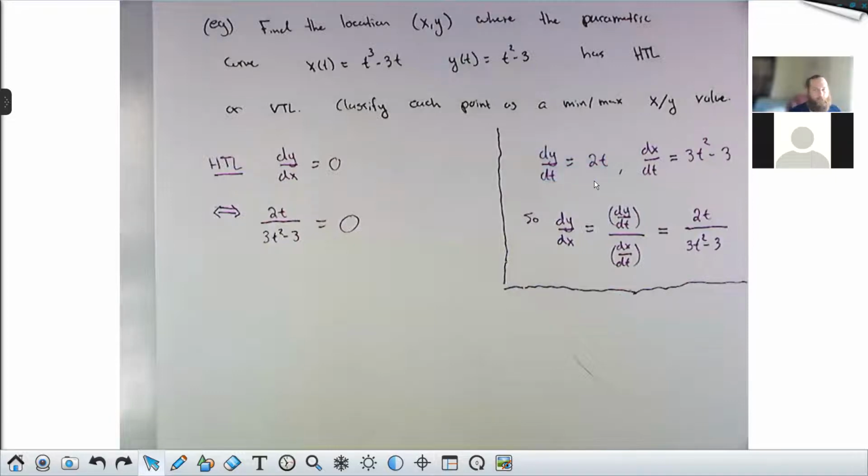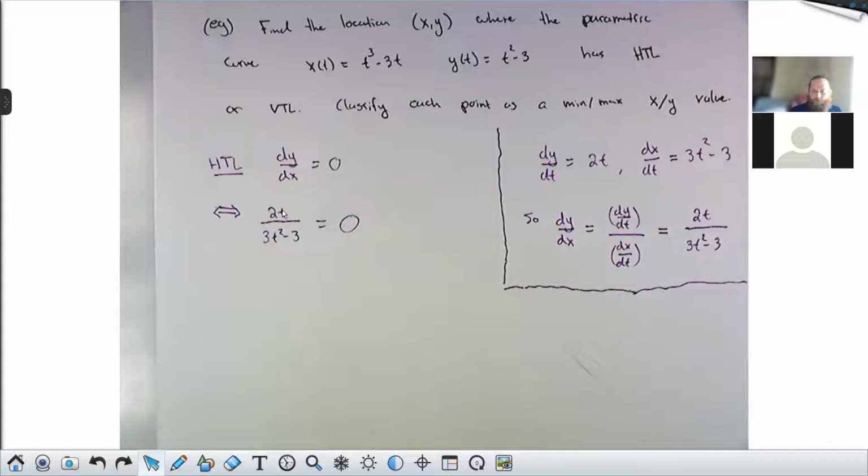That will work most of the time, but it will not work all of the time. If you want to find horizontal tangent lines, what you really need is dy dx equal to 0, and I want to see you writing the whole thing equals 0. It's true that if you have a nice simplified clean fraction, then the fraction will only be equal to 0 if the top is 0, or if the bottom is infinity.